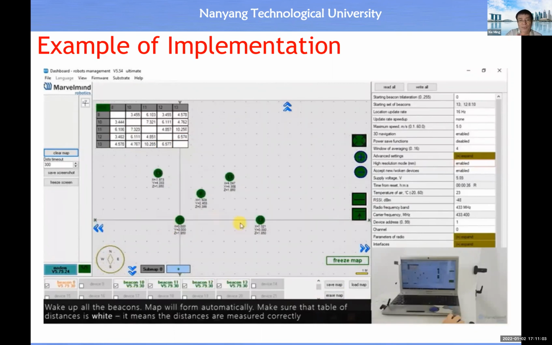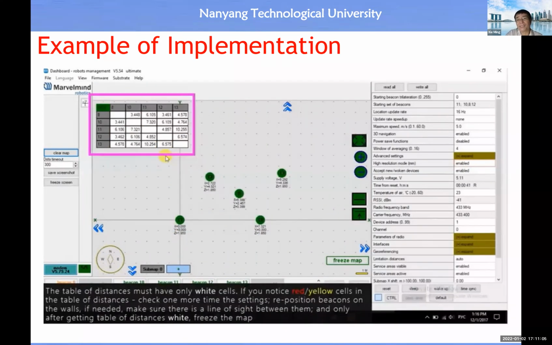The fifth one should be the receiver on the target, a moving target.